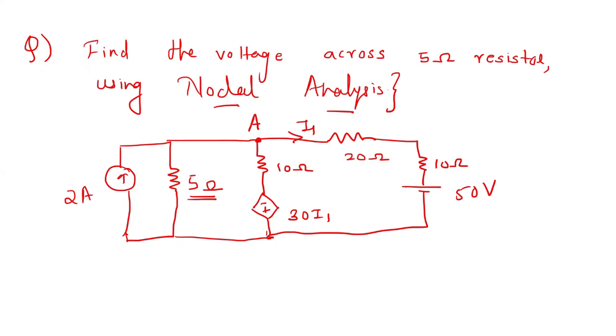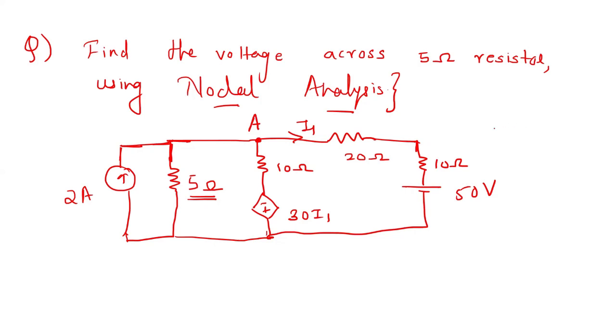A node will have more than two branches. Here there is only one branch and another branch. Here there are three branches, one, two, three. But this and this are at the same potential, so I can club it here as A. And here we have two branches, so that is not a node.